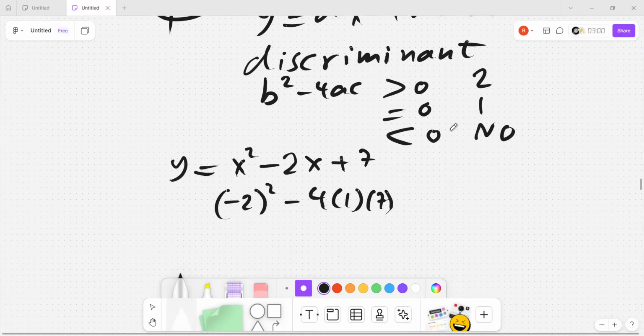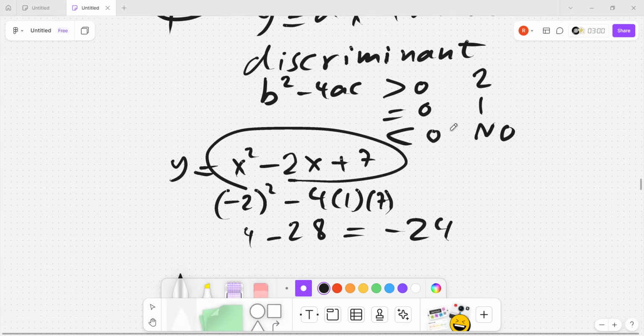Negative 2 squared is 4, minus 4 times 1 times 7. 4 times 7 is 28. So 4 minus 28 is negative 24. That means it is a negative number. Because the discriminant is negative, this parabola has no solutions.